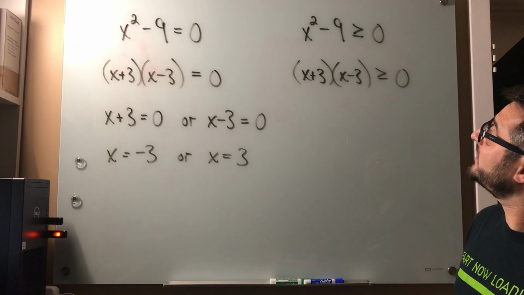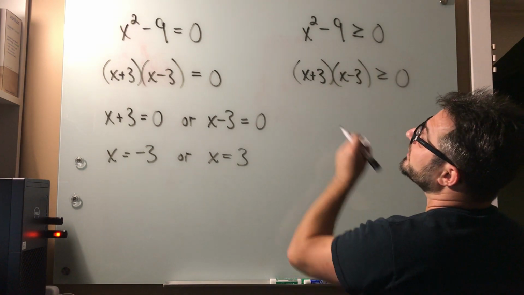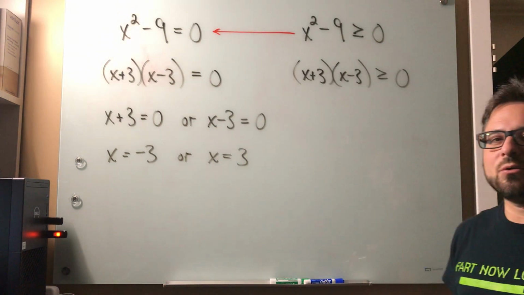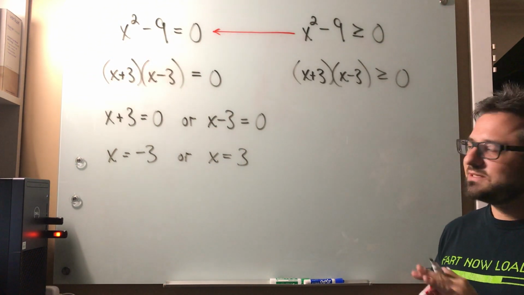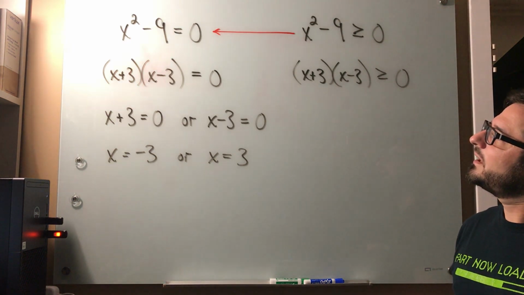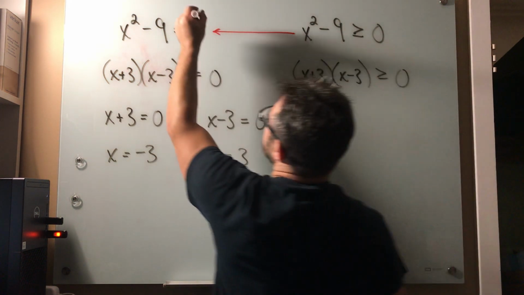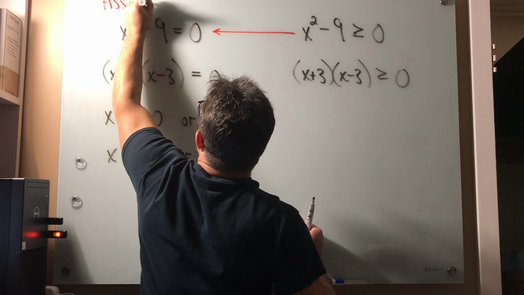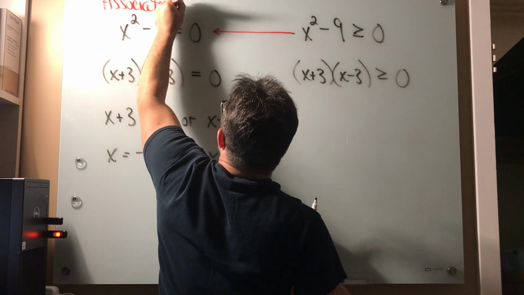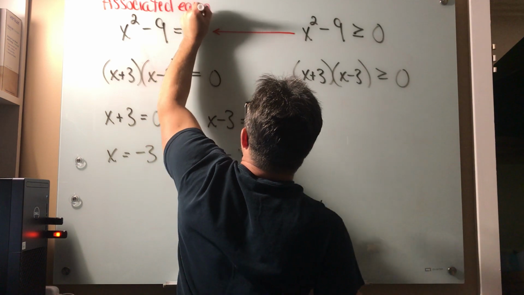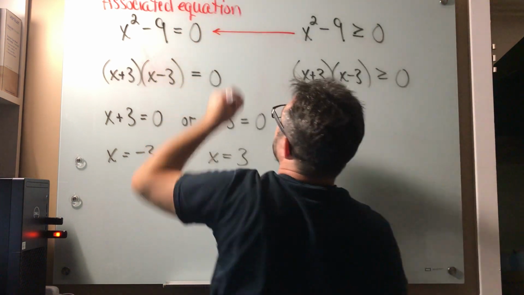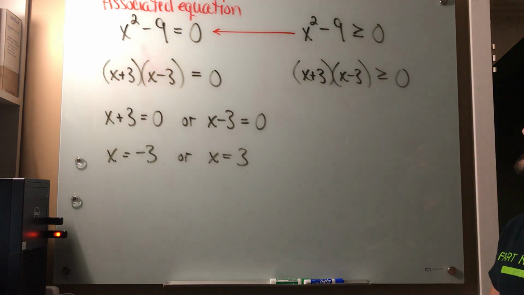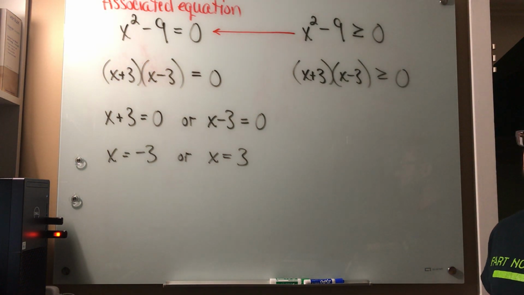When you are faced with a nonlinear inequality, change it to an equation just temporarily, just for a few moments. This is called the associated equation.